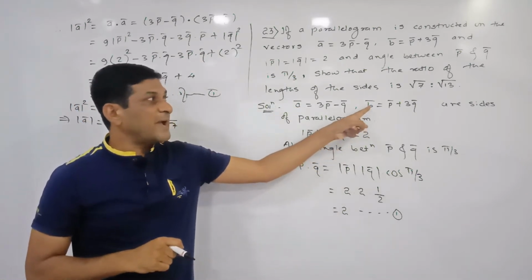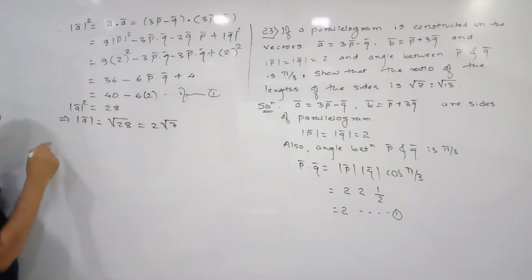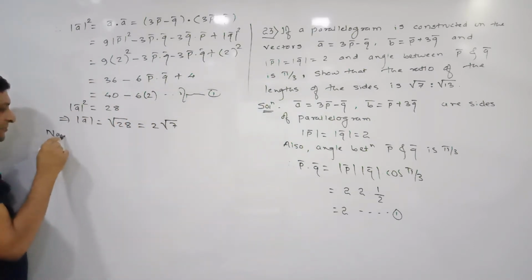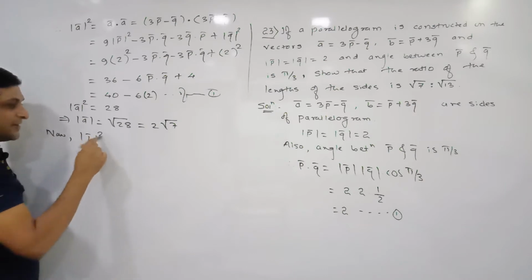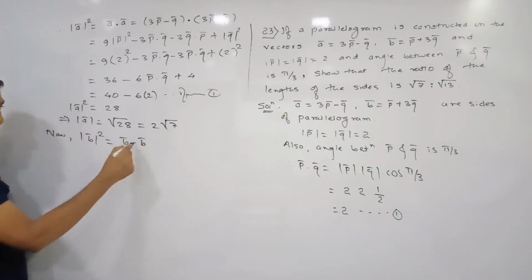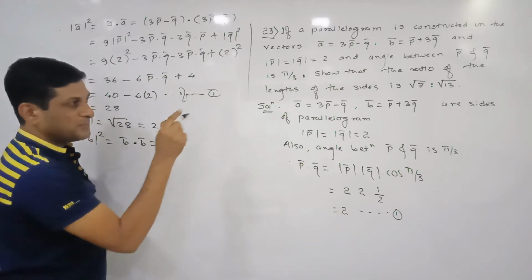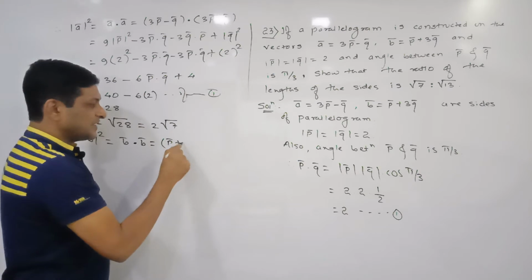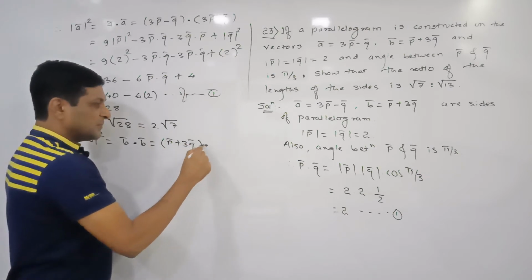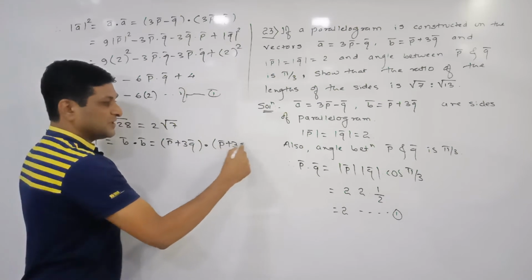Now we are finding the magnitude of the second side, means magnitude of b bar, using the same method. So square of magnitude of b bar will be equal to b bar dot b bar, because dot product of same vector is equal to square of its magnitude. Substitute the value of b bar, that is p bar plus 3q bar, dot, again replace b bar by its value, p bar plus 3q bar.